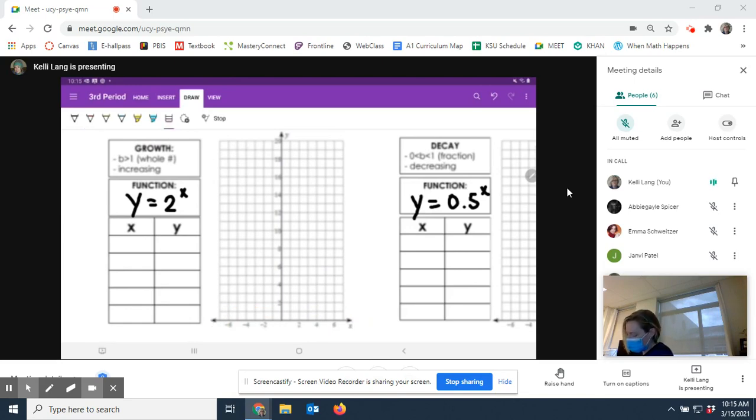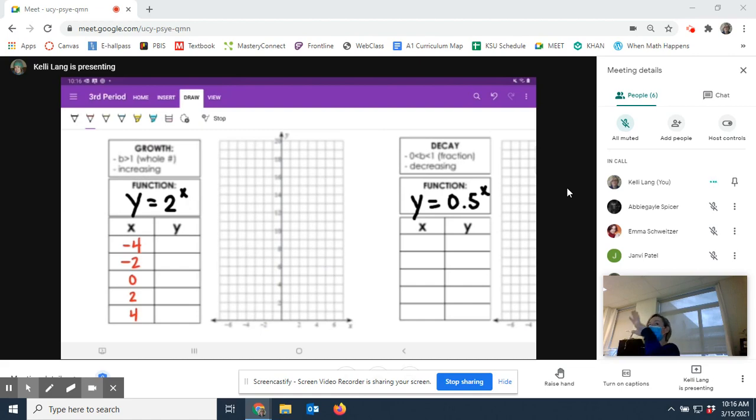So here are the values I'm going to pick. I'm going to pick -4, -2, 0, 2, 4. So notice those are going up by 2 each time. +2, +2, +2, +2. I did not have to pick these numbers.